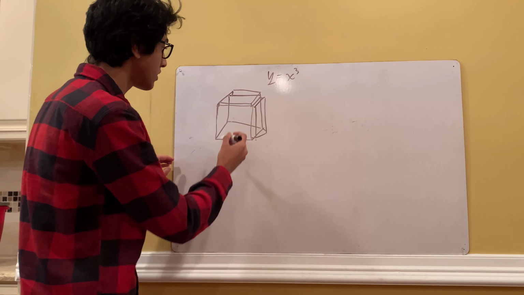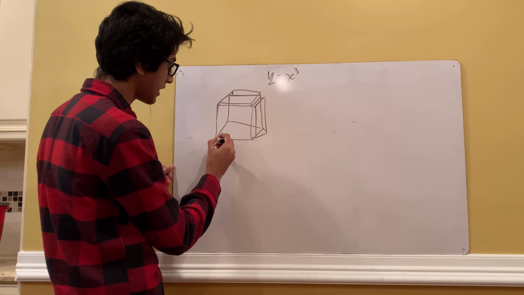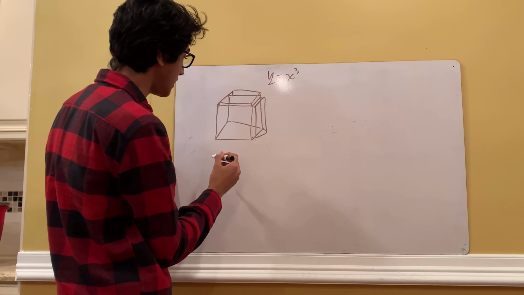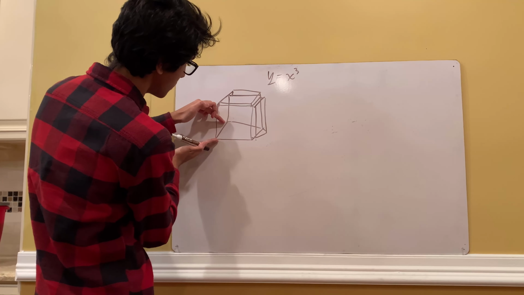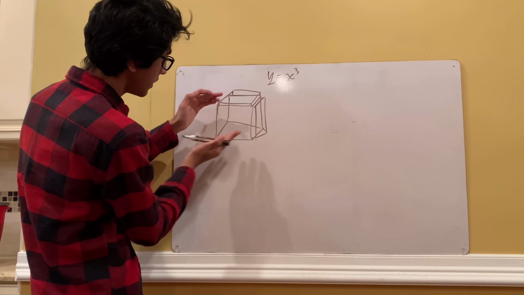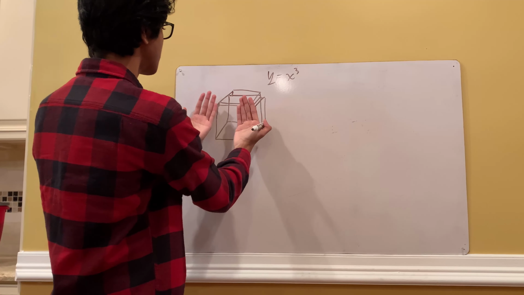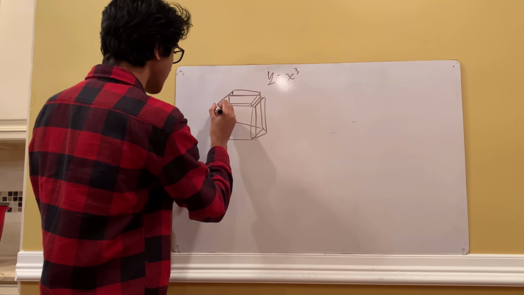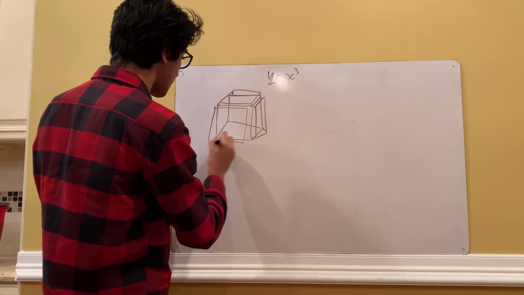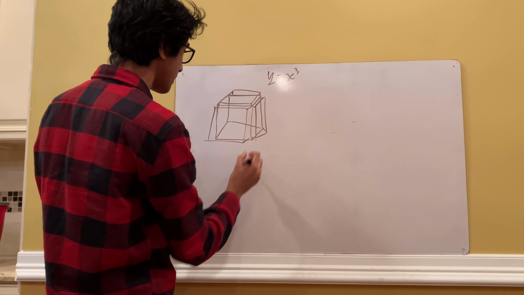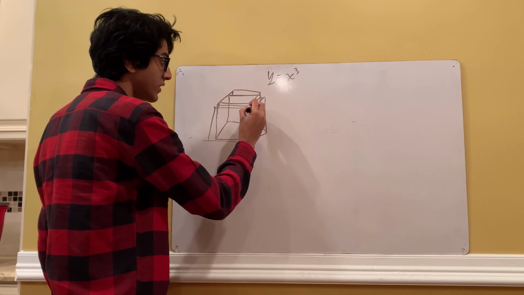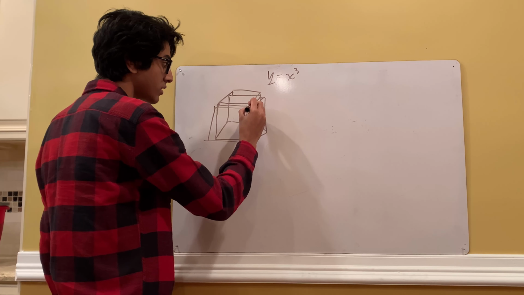And then let's increase this last x value. Increasing this x value would make the object grow towards us. You have to visualize this three-dimensionally. We get another plane coming out towards us. And then we get a very small cube over here.